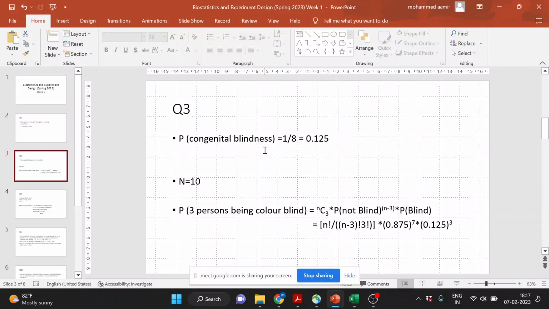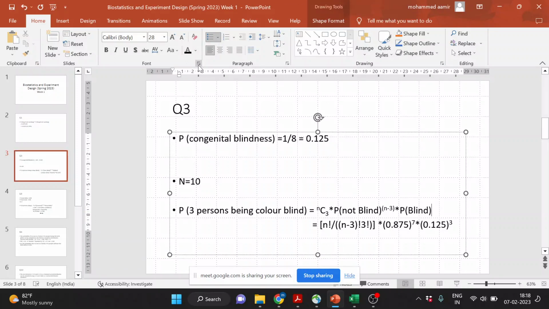So to do that, you directly apply the binomial formula, which is n choose 3, because n here is 10 individuals. Choose 3 is basically choosing 3 individuals to have that disease, and then the probability of not being blind is 1 minus 0.125, that is 0.875, raised to the power of the number of people that are healthy, given by n minus 3, into the probability of being blind, that is 0.125 raised to the power 3.